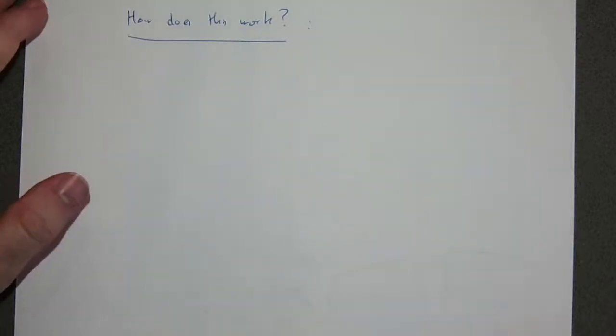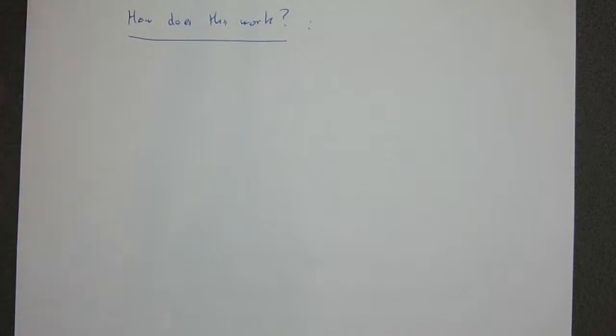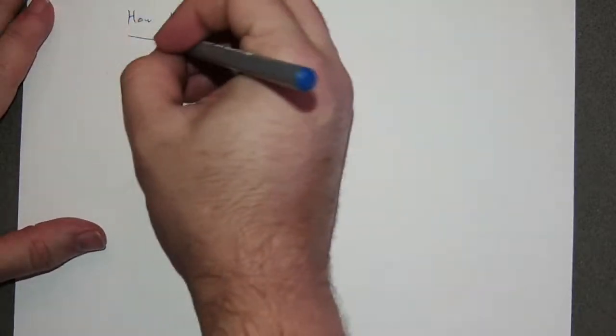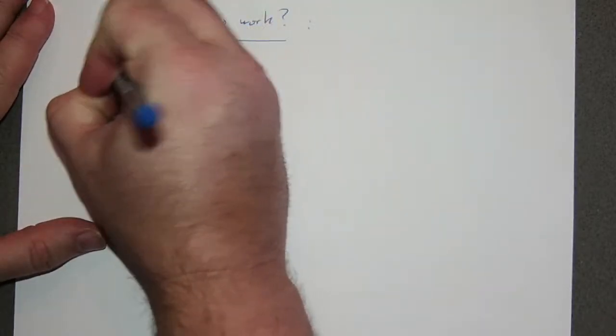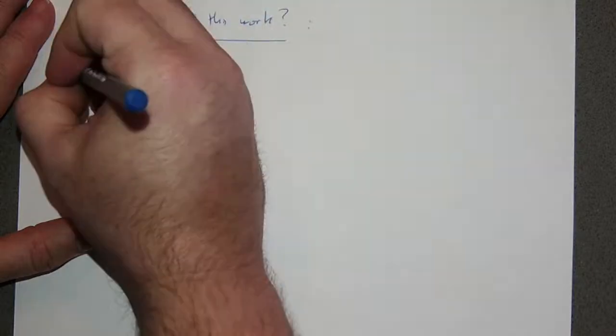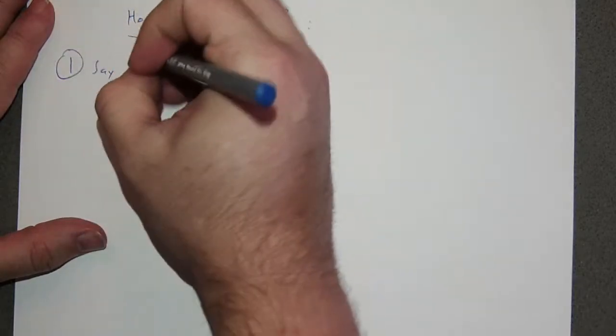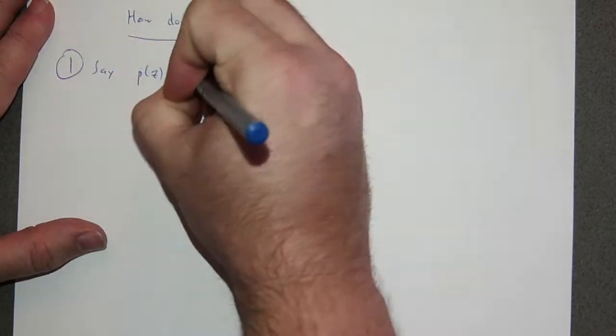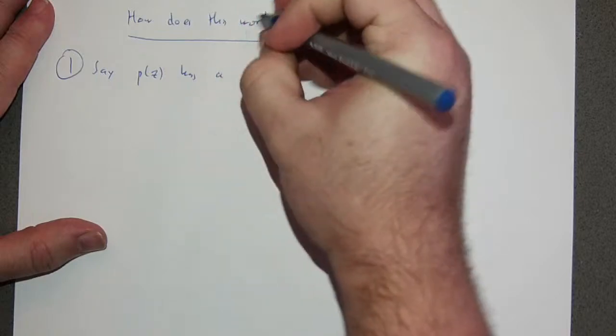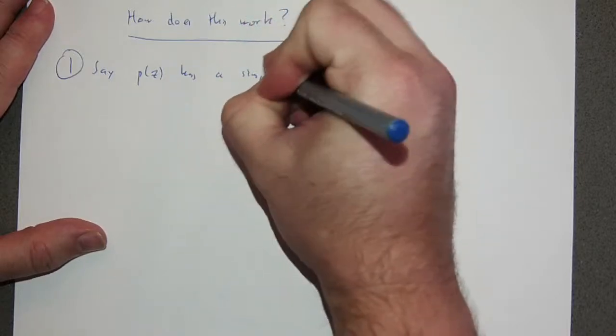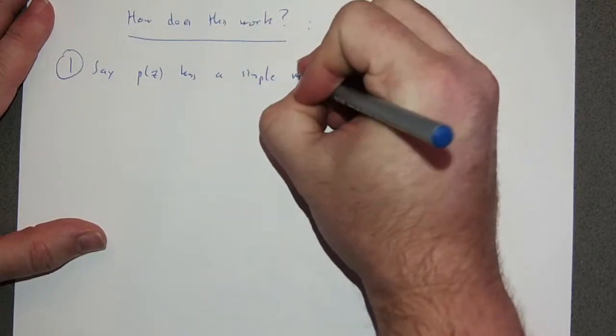Well, maybe let's see the easiest thing. So let's say P of z has a simple real root.